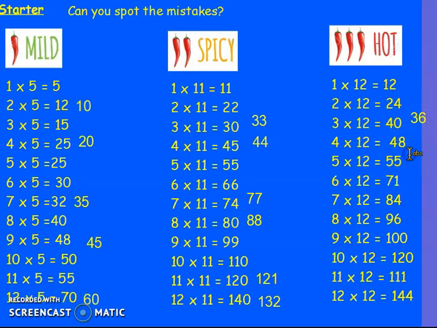Oh, there we are. 5 times 12 is 60. 6 times 12 is 72, not 71. 7 times 12 is 84, that's right. Oh, 9 times 12 is 108, not 100. 11 times 12 is 132. And I think that's all of them that were wrong.